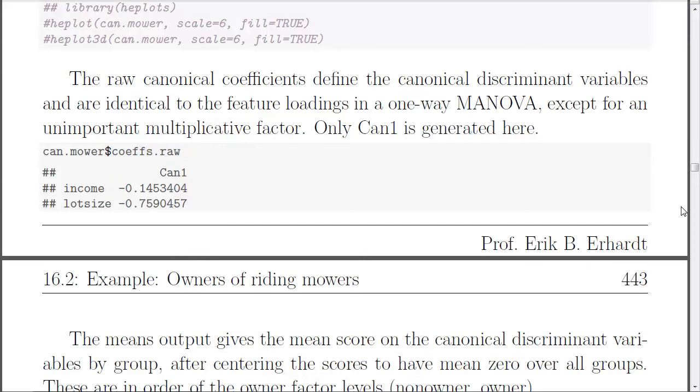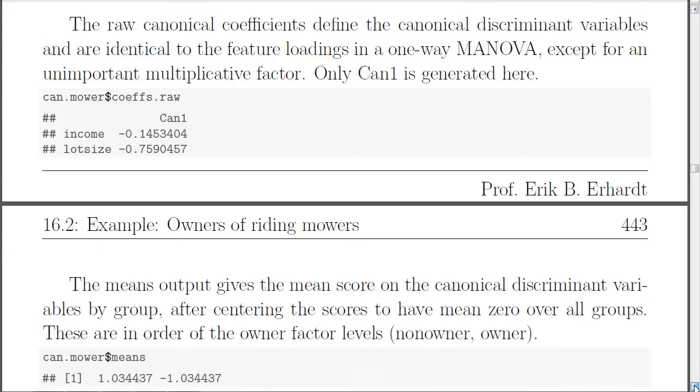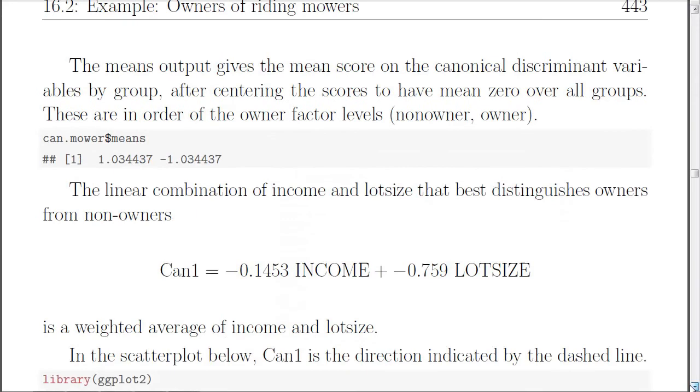So these two variables go together. The means along that canonical direction are the two means for non-owners and owners.